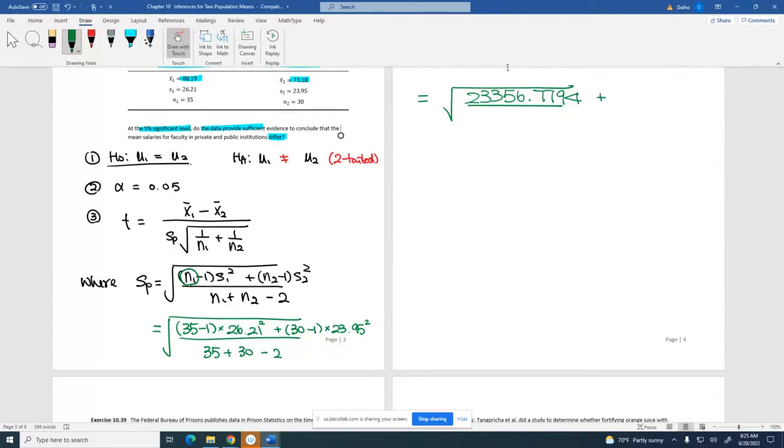The second term: 30 minus 1 is 29, 29 times 23.95 squared, which is 16634.4725. And then divided by 35 plus 30 minus 2, that is 63.